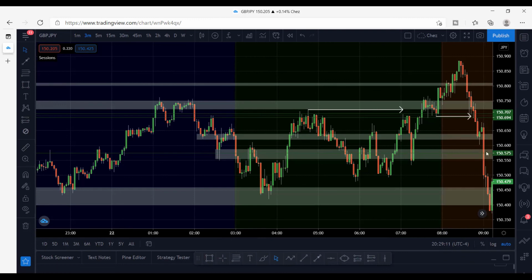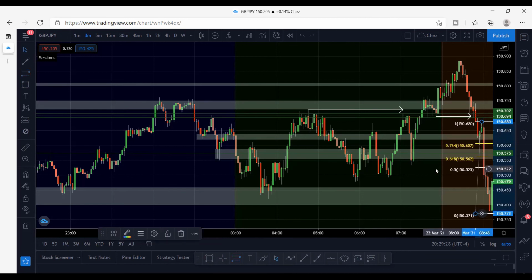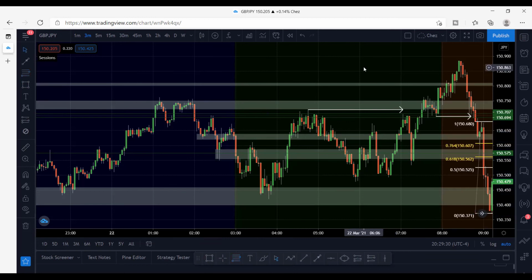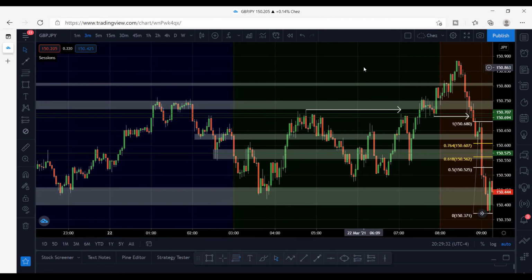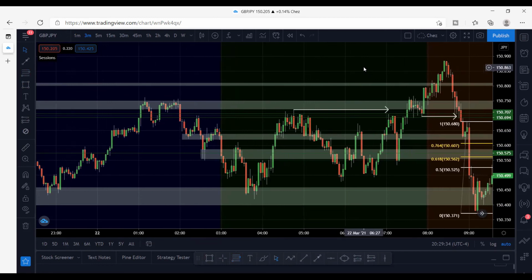Okay, so from this high here to this low, let's draw fibs from here to here and see what happens.